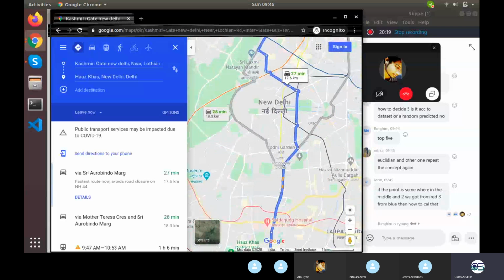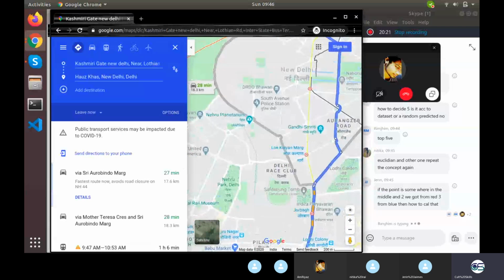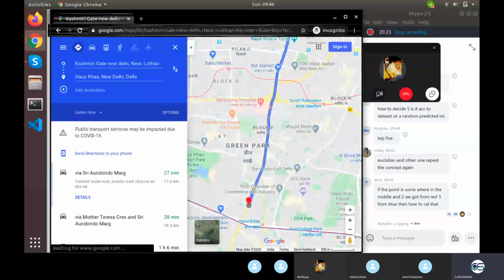Now when you see, it will take you all the way from road. This is a big distance, so that's why it's showing so much. Let's take a smaller distance where you can see the integrity.